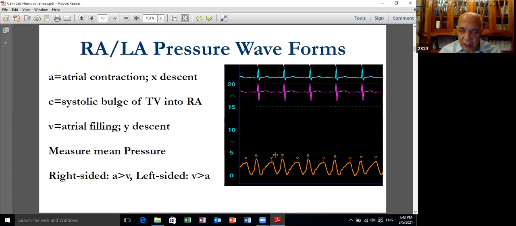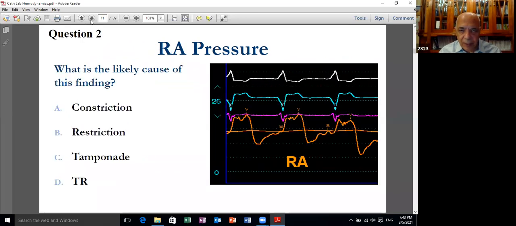If you are using a transducer-tipped wire, a Millar catheter, then you ought to use the individual waves. So for the sake of government work, we use the individual waves as well as the mean, but we use the mean much more often in calculations.